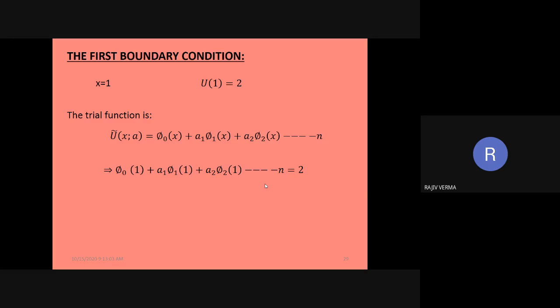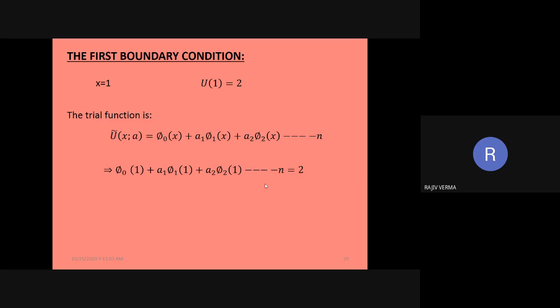And out of all those solutions, the particular solution which we are going to choose is the one which reduces the error to the minimum possible. We are supposed to choose the one which has a minimum error.